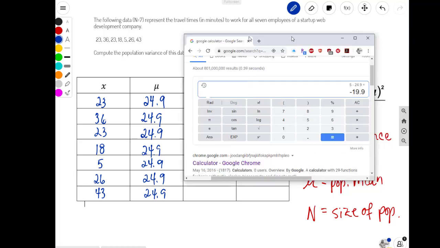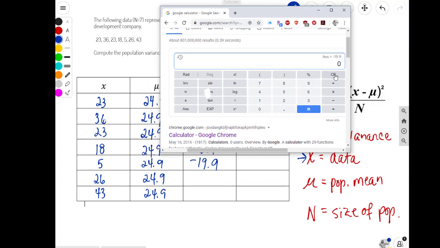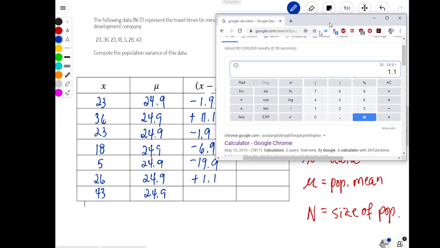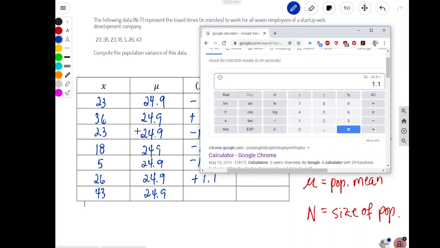26 minus 24.9. We know that's just going to be a little bit of a difference, 1.1. And then this last one is going to be a lot different, because on average it takes people almost 25 minutes to get to work, and this person takes a whole 43 minutes.